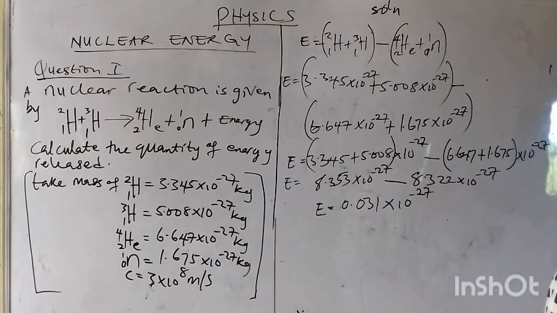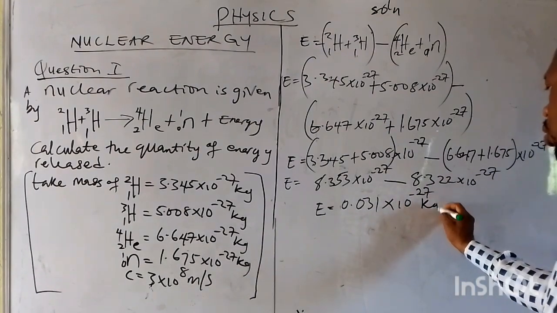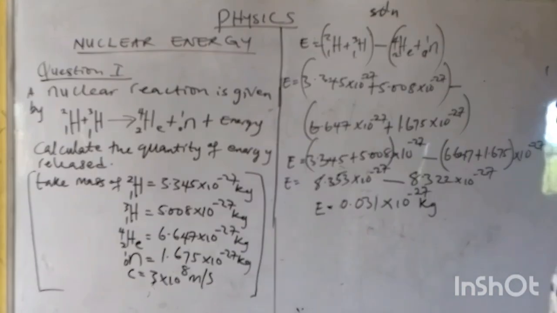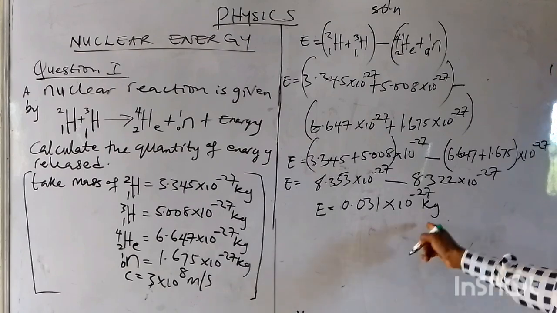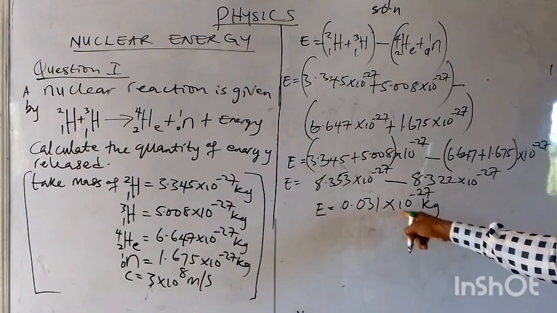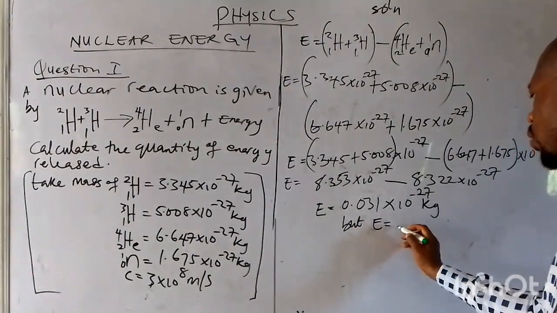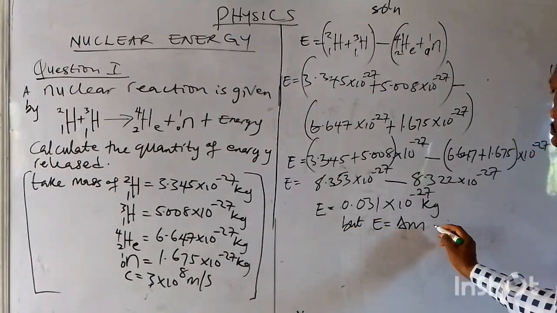We now have a single value, kg. So this is our mass, E. Now remember that E is equal to delta M C squared.